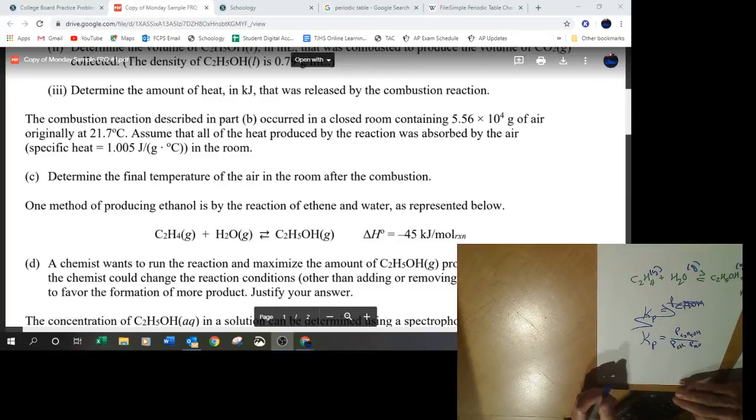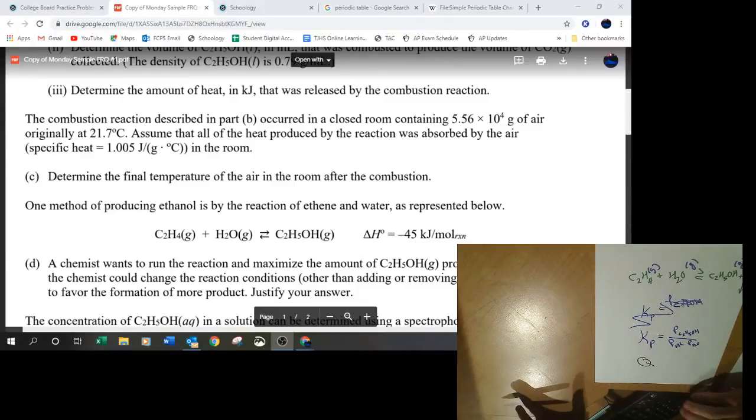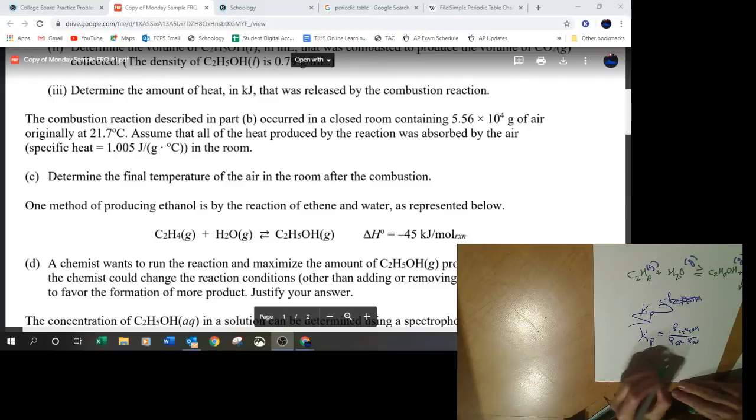All right. Now, if you decrease the volume, what's going to happen to the pressures? The pressures are going to increase. So the quick and dirty justification is to say Q is now 2P of this times 2P of that times 2P of the water.